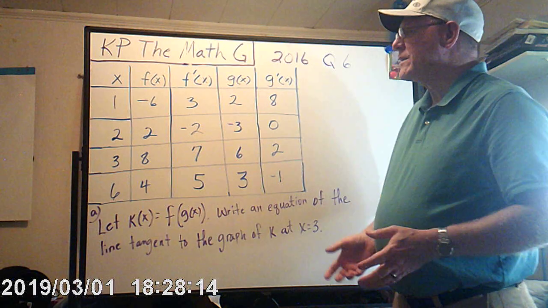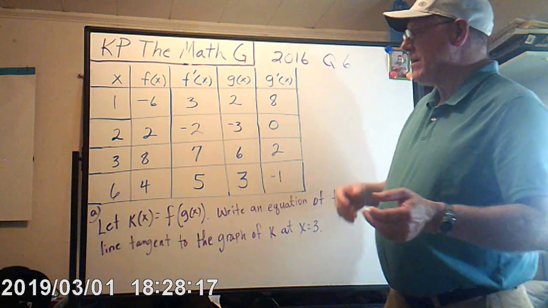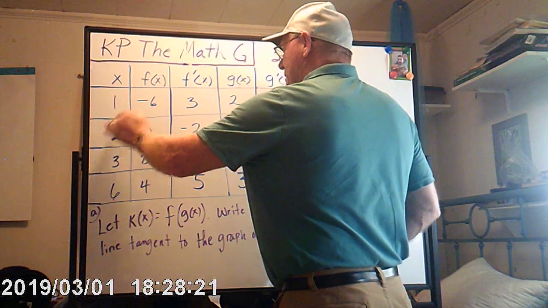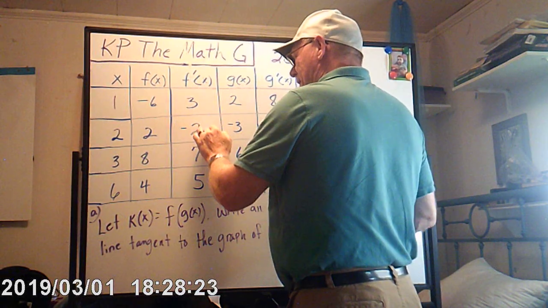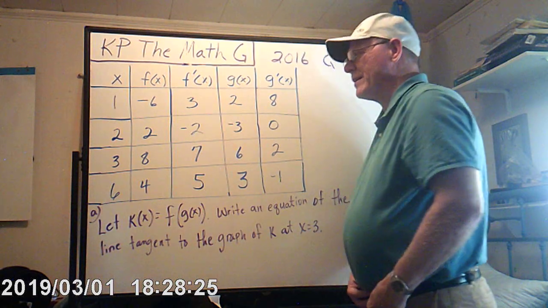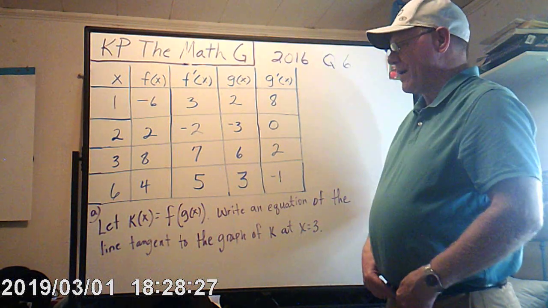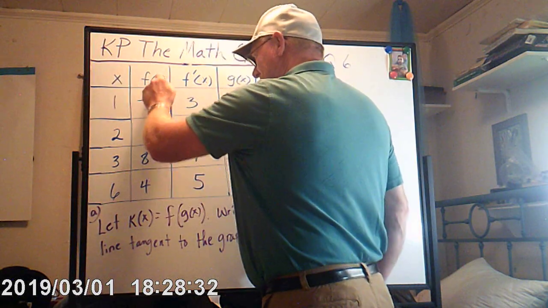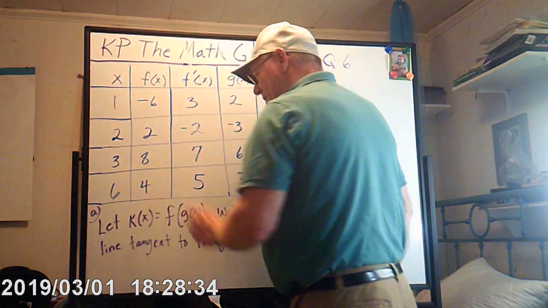So in other words, let's just say we're looking for f prime at 2. So here's x being 2. F prime at 2 is negative 2. If I wanted to know what f at 6 is, well, f at 6 is 4. See that?